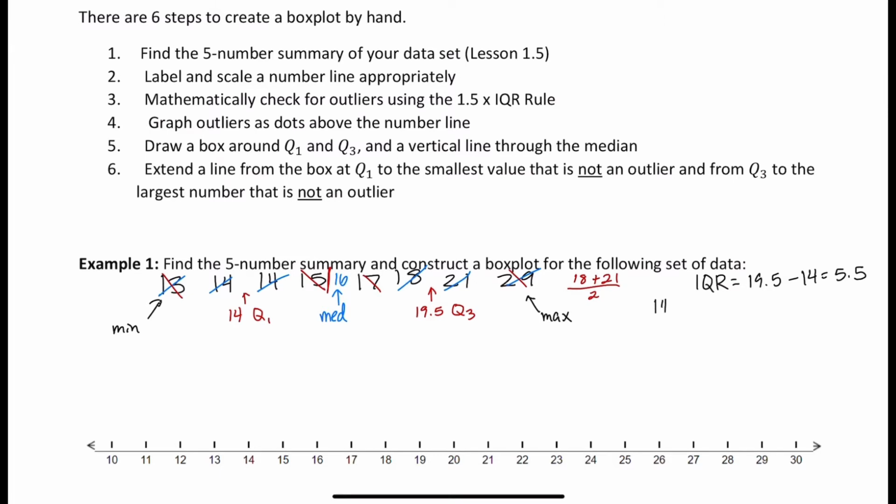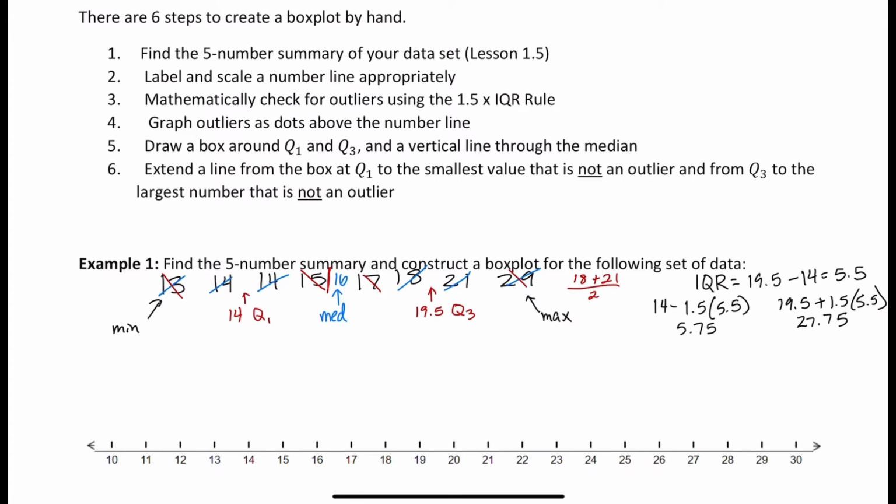Any low outliers will be below Q1 minus 1.5 times our IQR, so 14 minus 1.5 times 5.5, which gets us 5.75. Any high outliers are going to be above Q3 plus 1.5 times our IQR, so 19.5 plus 1.5 times 5.5, which gets us 27.75.